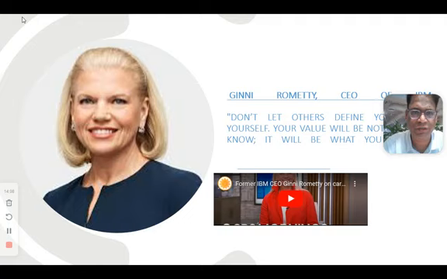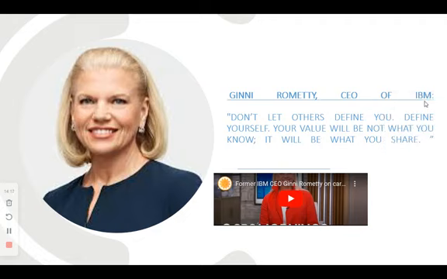She is Ms. Ginni Rometty, CEO of IBM, and her message is: don't let others define you. Define yourself. Your value will not be what you know. It will be what you share. So this is the message she's saying, and let us listen to her words.